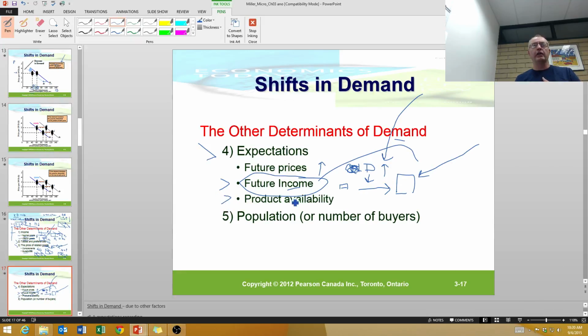Okay, and then finally, product availability. If we think there's going to be a shortage of a product in the market in the future, then that will drive up our consumption of that product today. It drives up the short-term consumption. A good example of this is incandescent light bulbs, which of course are not very energy efficient. The government is in the process of banning them.